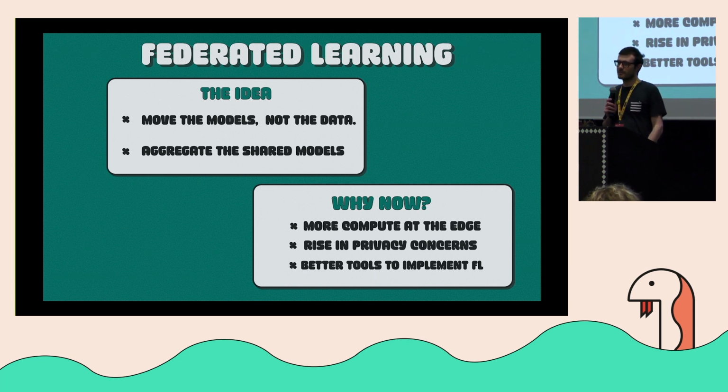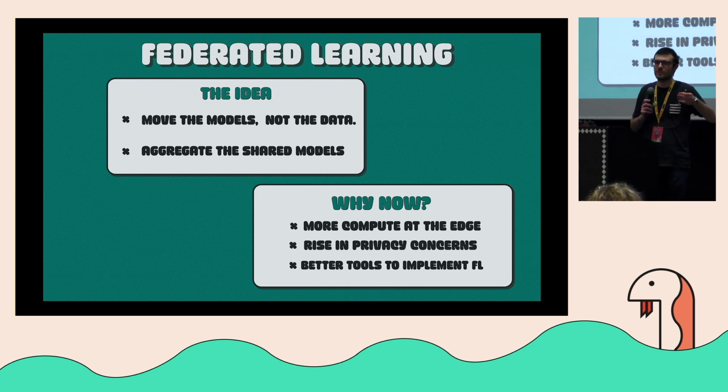The first one is that probably we have more interest in some privacy problems that could arise when we share data with external servers. There is also more compute at the edge. Today, a simple smartphone can probably train a small model and share it with some external server. And there are also better tools to implement federated learning.